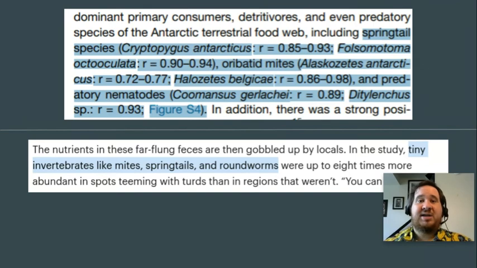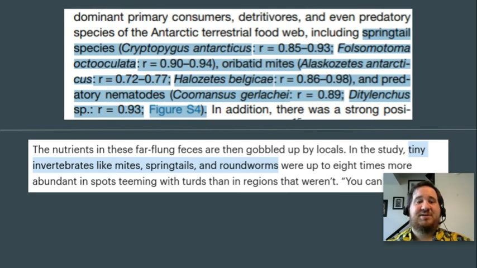And then what exactly is being fed here? What sorts of life forms do we have? In the academic article, it says springtail species, and it has the Latin names Cryptopygus antarcticus, Friesea grisea, orbatid mites, predatory nematodes?